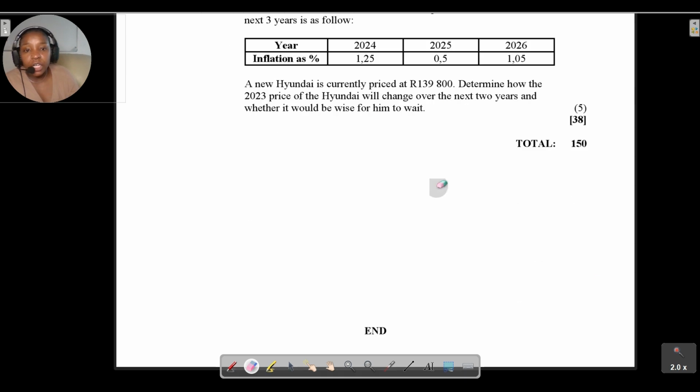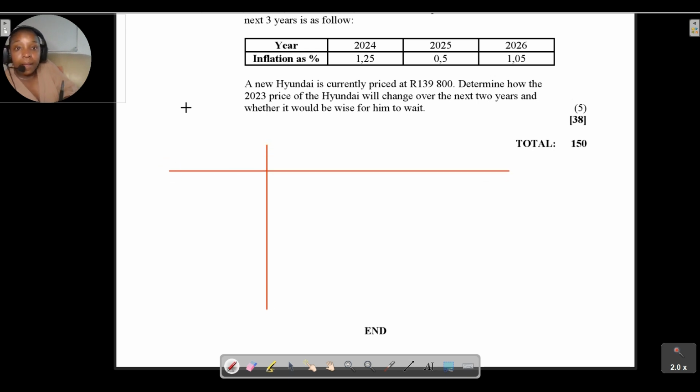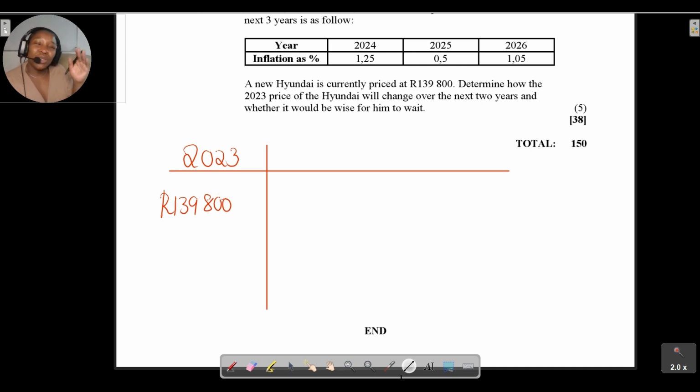Let's just do this question here. We are told that the current price of the Hyundai in 2023 is 139,800. Now he wants to determine, should he wait?